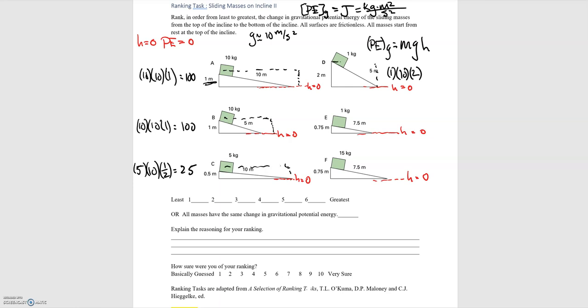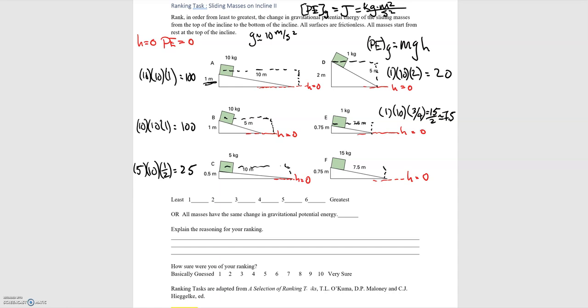Again, we go off of the height here, and that's equal to 20. Then for this one, we have 1 kilogram times 10 meters per second squared times 0.75 meters for the height, which is just 3/4. And that's equal to 15/2, or 7.5.